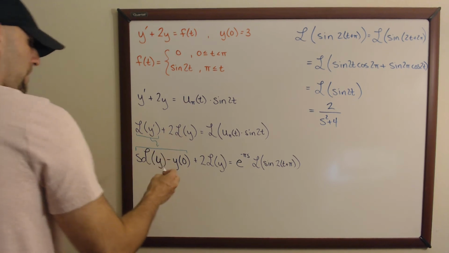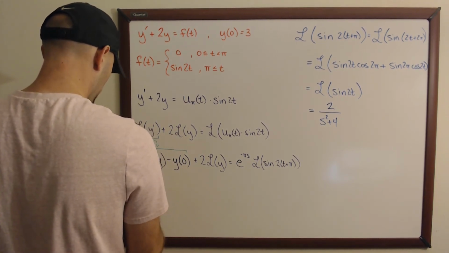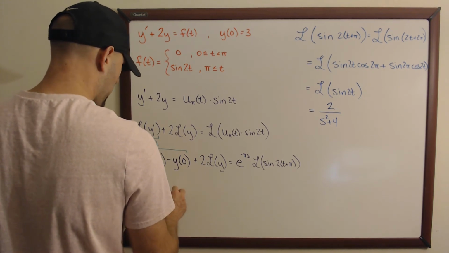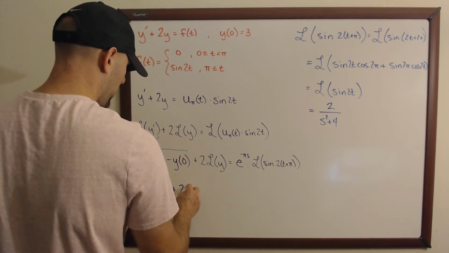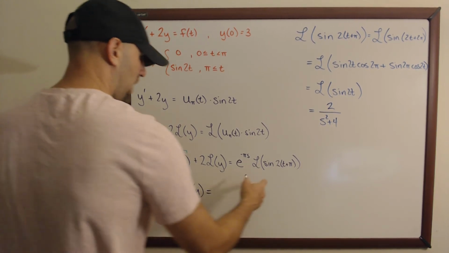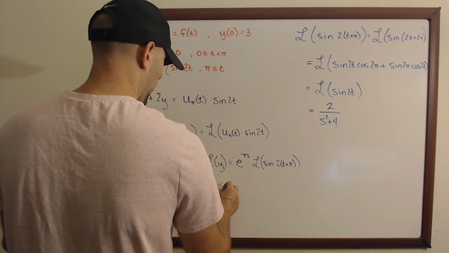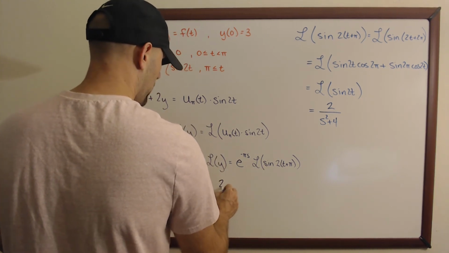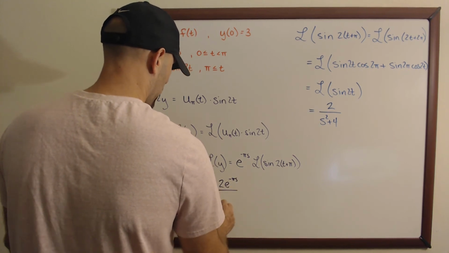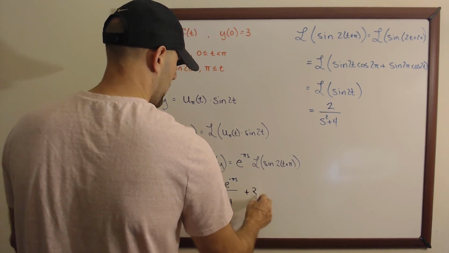This is ridiculous. Okay, so y of 0 is 3. So I'll write s times the Laplace transform of y plus 2 times the Laplace transform of y is equal to, here we go, over here I've got 2 e to the negative pi s over s squared plus 4 plus 3.